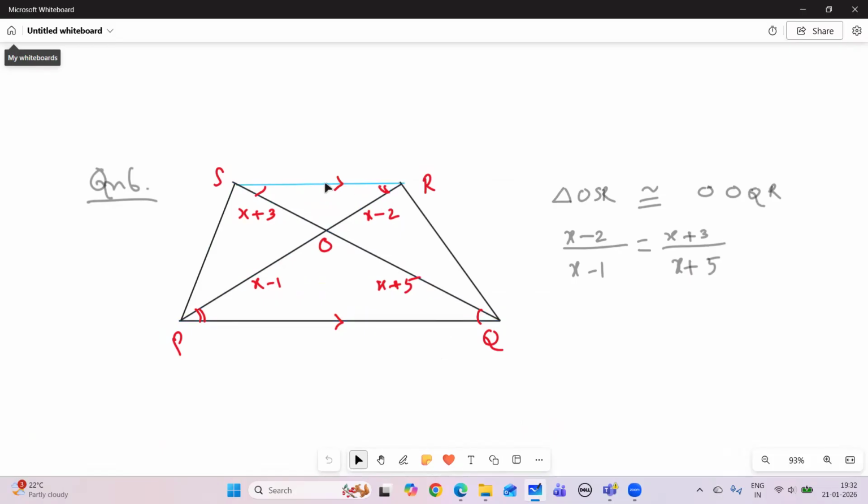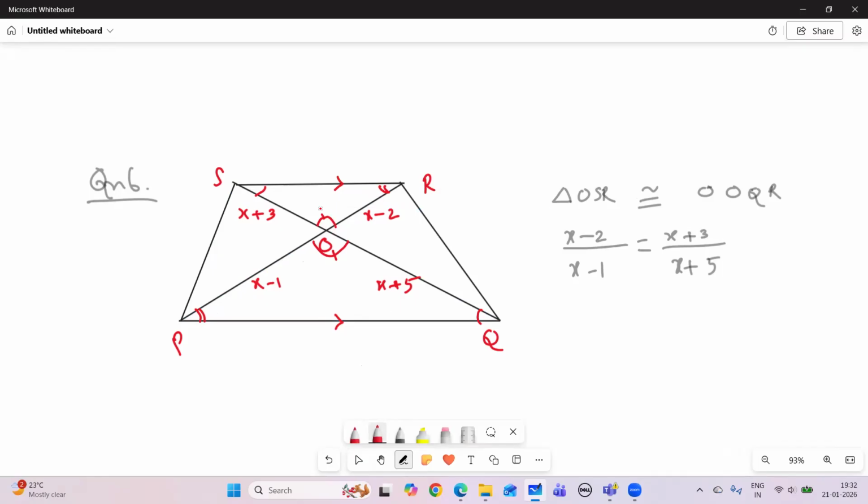Similarly, these two sides are parallel, and this angle SRO and this angle OPQ are alternate interior angles, so they become equal, right? And of course, this is a pair of vertically opposite angles. They become equal. Now, these two triangles, the triangle OSR and the triangle OPQ, become similar.